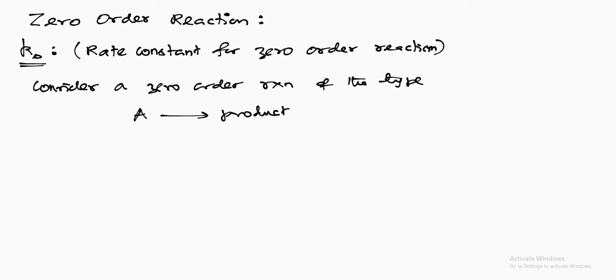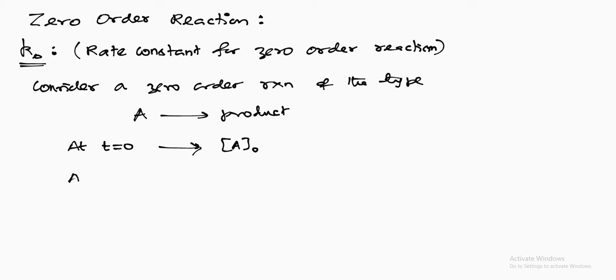Okay, listen, at time 0, at t equal to 0, let the concentration of the reactant be A naught. Students, observe carefully. A naught is the initial concentration of the reactant.